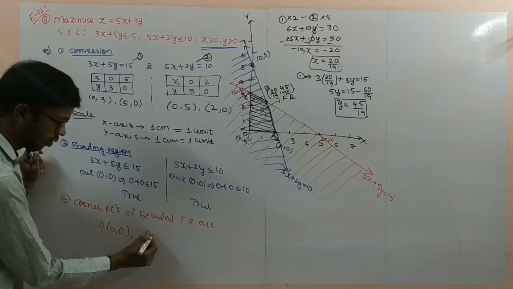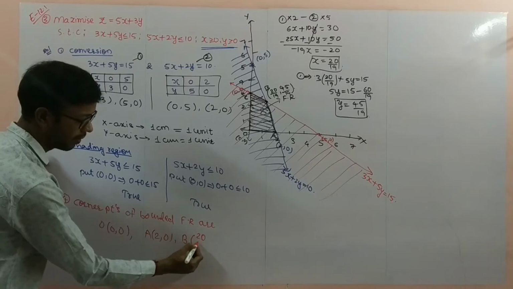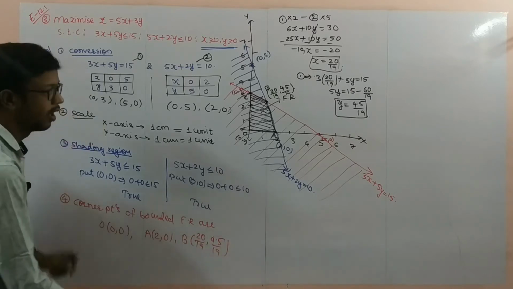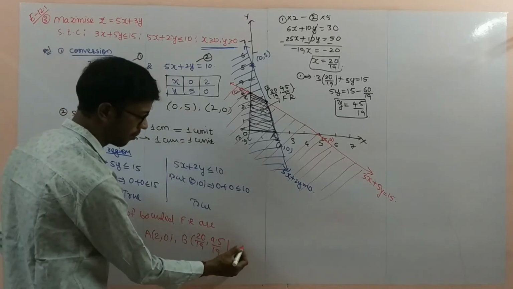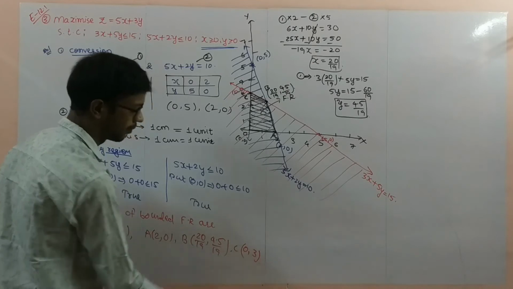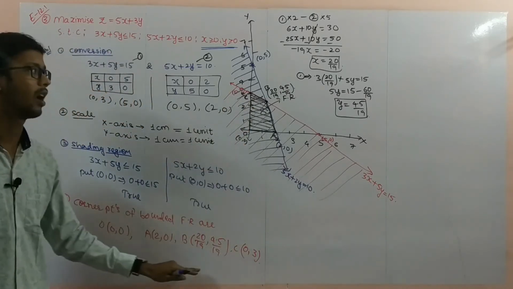A is 2, 0, another boundary point. B is 20 by 19, 45 by 19, another boundary point, and the last corner point is C, which is 0, 3. So these are the corner points.